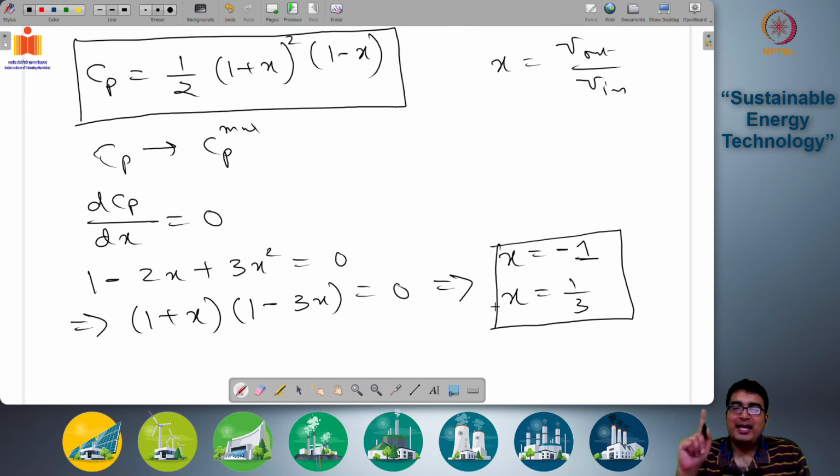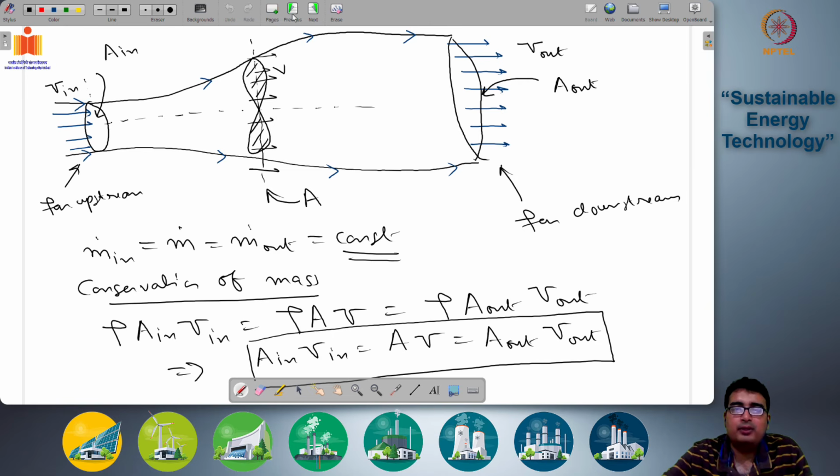Okay, now x equals minus 1. What does that mean? It means the V out will be equal to minus V in. All right, so let's go to the previous example figure. So this V out has to go this way. Now this is impossible for our wind turbine case.